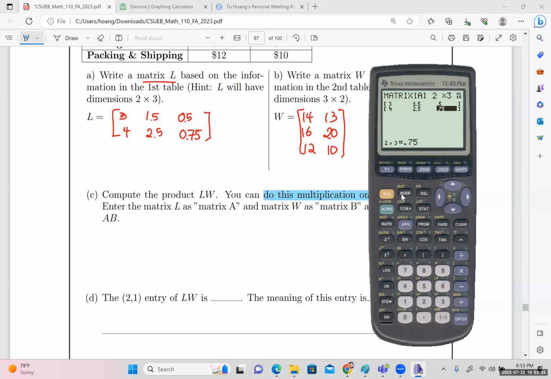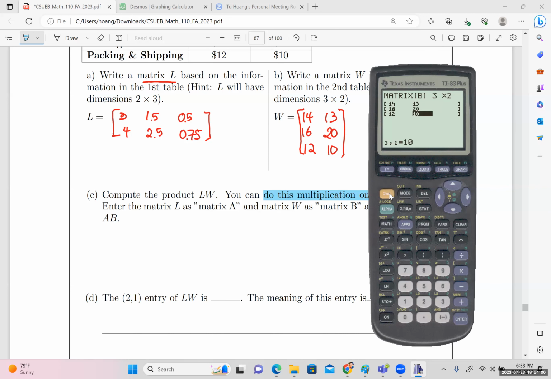Okay, so I quit this. I go back to the matrix again and edit the second one, B, which is W. I change it to be 3 by 2, and then 14, 13, 16, 20, 12, 10.